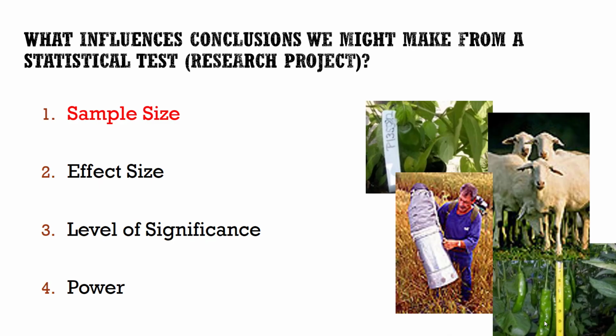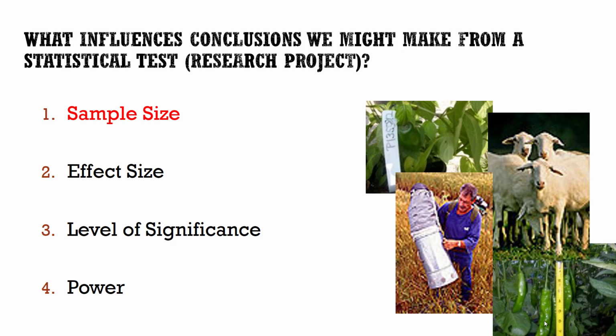And so the four components that have the ability to influence the conclusion of a research project are shown here on this slide. The one that we are going to concentrate the most on is directly related to and interpreted as statistical power, and that is sample size.